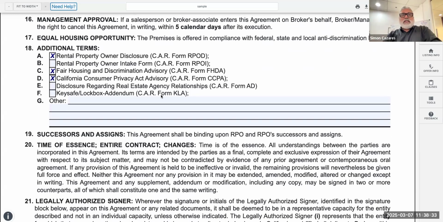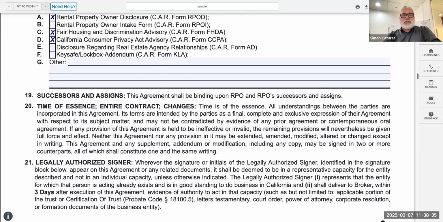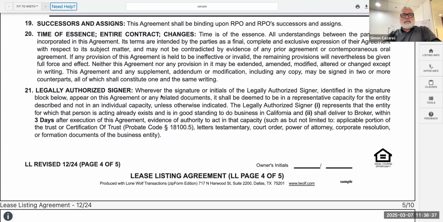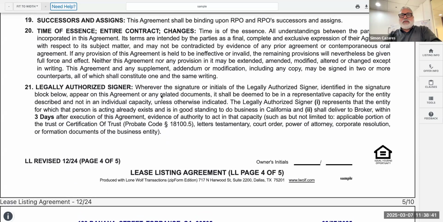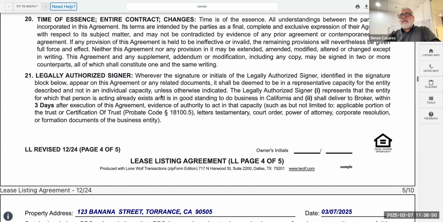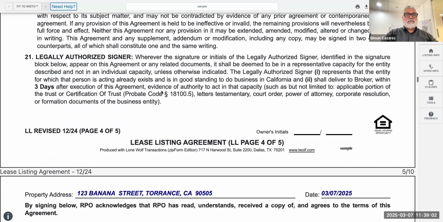Everything is all about equal housing opportunities. Additional terms: successors and assigns, the agreement shall be binding with the landlord and successors and assignees. Basically, if there is more than one party, and there's a trust or a corporation, everyone has to understand and know that it has to be an executed agreement, and we need to have everyone involved signing off on these terms.